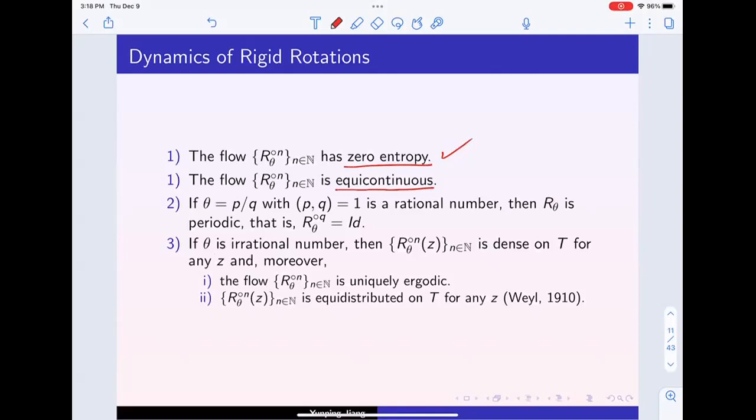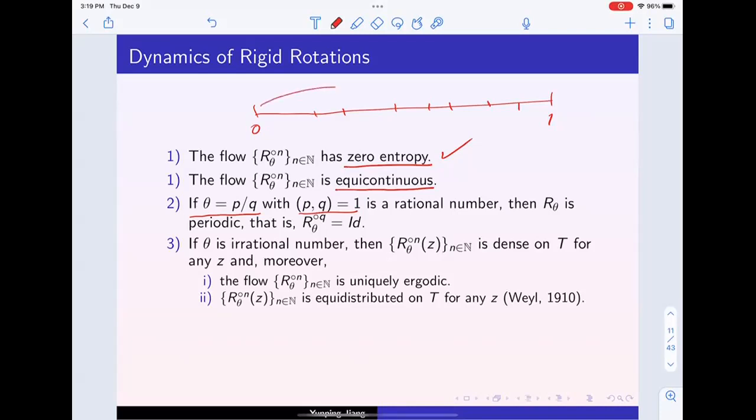So then if theta is rational, with P and Q relatively prime, then this orbit is just like this. You have 0, 1, right? If you think of the circle as 0, 1, including 0, 1, right? Now you cut this one into Q different equal-sized subintervals.